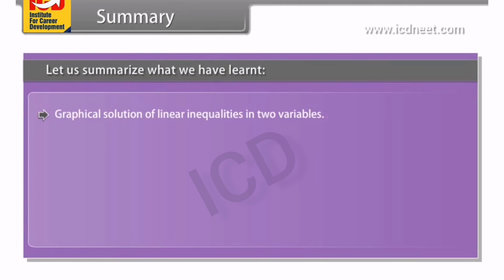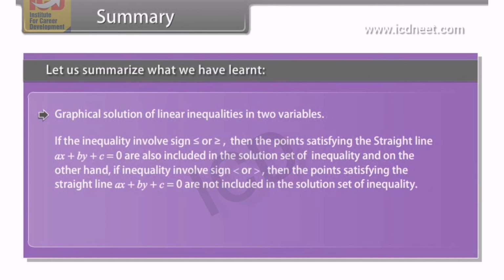Graphical solution of linear inequalities in two variables. If the inequality involves the sign less than or equal to, or greater than or equal to, then the points satisfying the straight line ax plus by plus c is equal to 0 are also included in the solution set of the inequality.